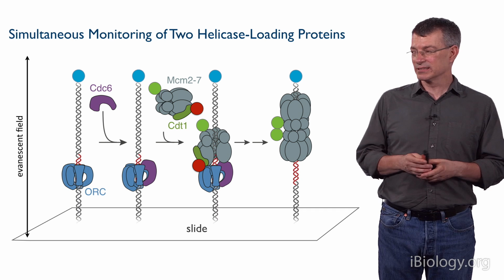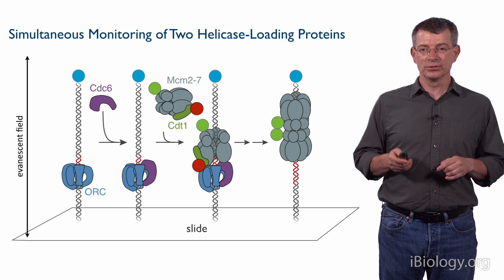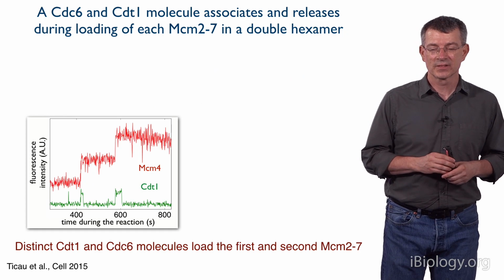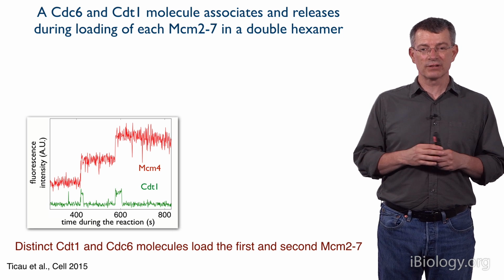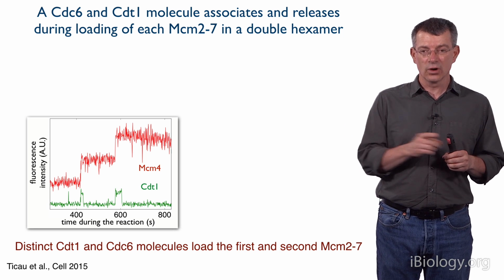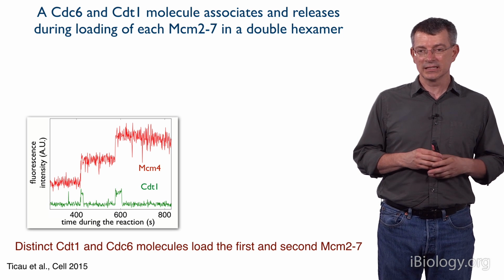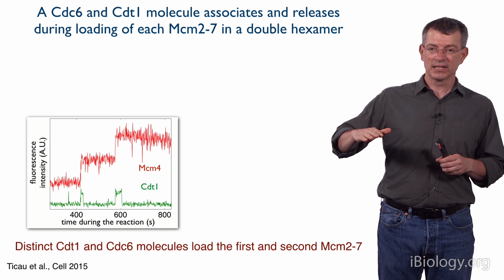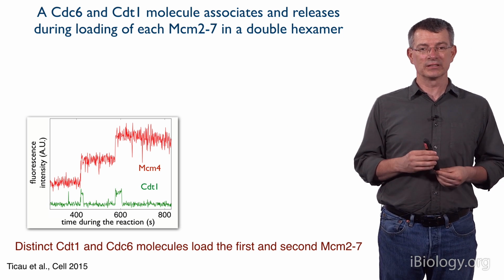I'll first show you the example with Cdt1 and MCMs labeled, and then I'll show you an example with CDC6. So I've shown in this left-hand panel, you can see traces of Cdt1 association with DNA in green and MCM association with DNA in red.